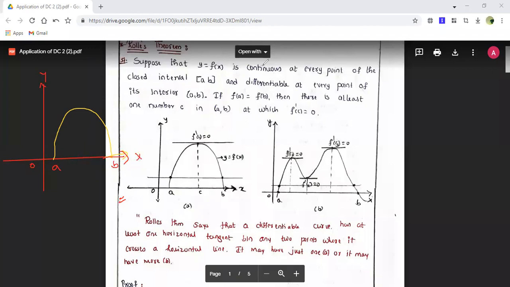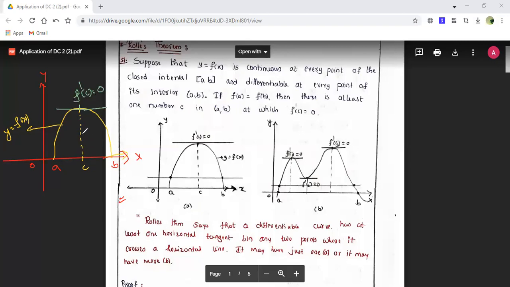And what I do now, I'll be taking a point C. This is our function y equal to f of x. Let us take one point C in between this, such that if I draw the tangent at this point, the tangent is nothing but the derivative at that point, and it is equal to 0.